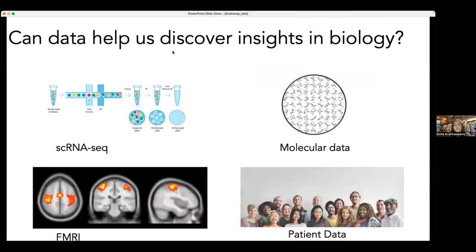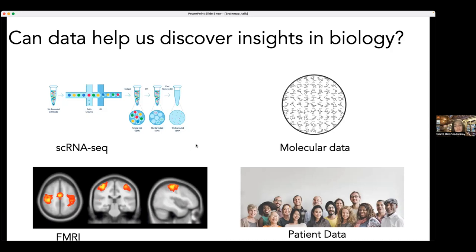So the fundamental question that will be the theme of the talk is, we have all this high dimensional, high throughput data, whether it be cellular level data in the form of single cell RNA sequencing, or another data modality that I work with quite a bit, fMRI data, which shows brain activation signals that are also time varying, and how can these data sets help us discover insights into biology.